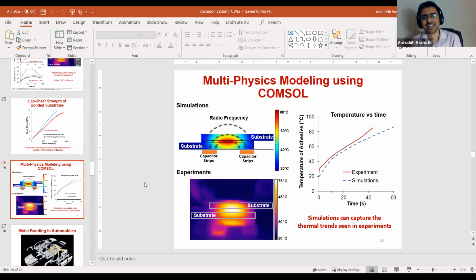But when you're making a geometry in COMSOL, you make it like a perfect capacitor strip, which does not have any undulation on it. It's perfectly flat. I didn't know this, but small geometrical discrepancies can make big differences.